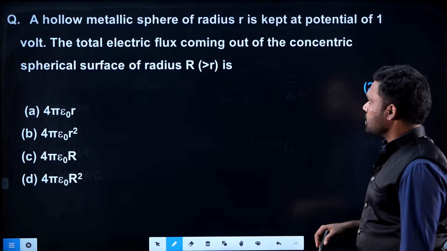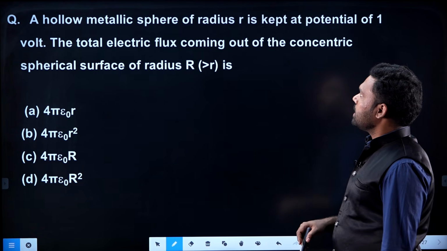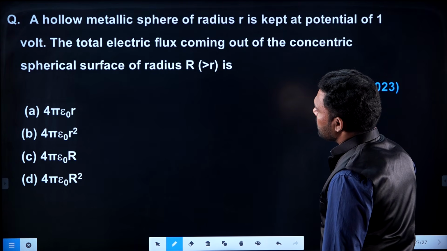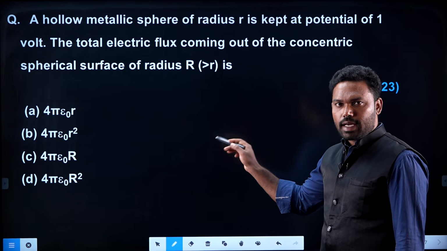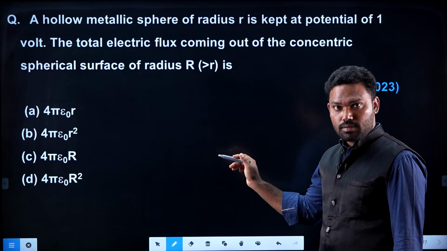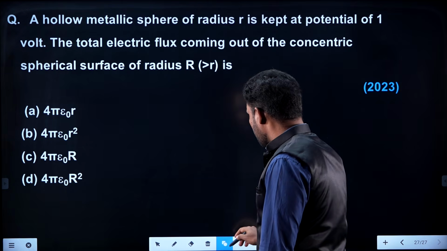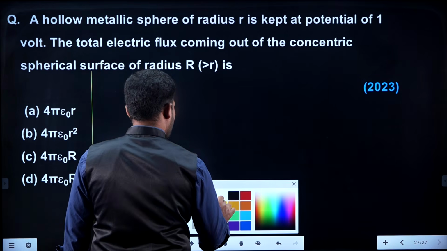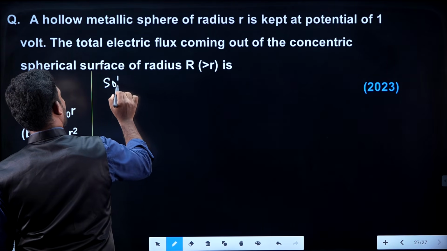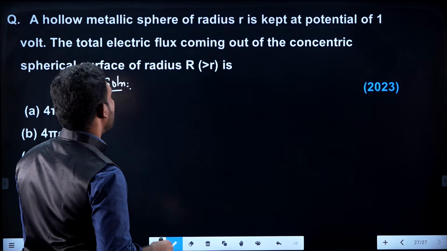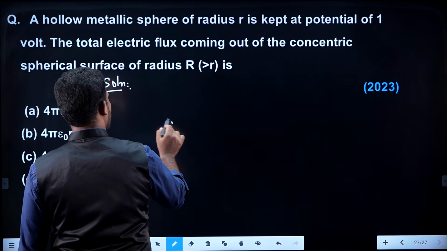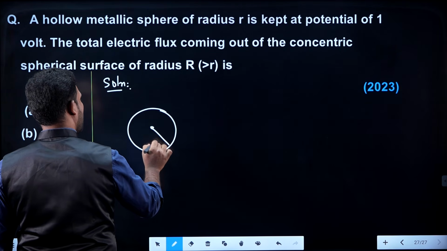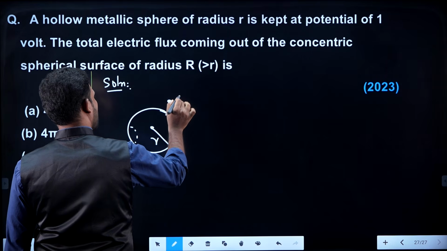Fine, let us have one more question. A hollow metallic sphere of radius r is kept at a potential of 1 volt. The total electric flux coming out of the concentric spherical surface of radius R is? This is a GATE electrical question, 2 marks. Here there is a hollow metallic sphere of radius small r, connected to a potential of 1 volt.